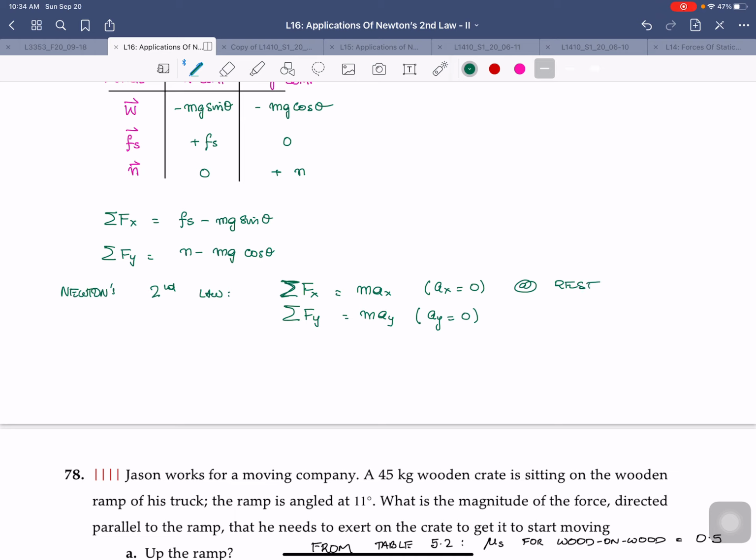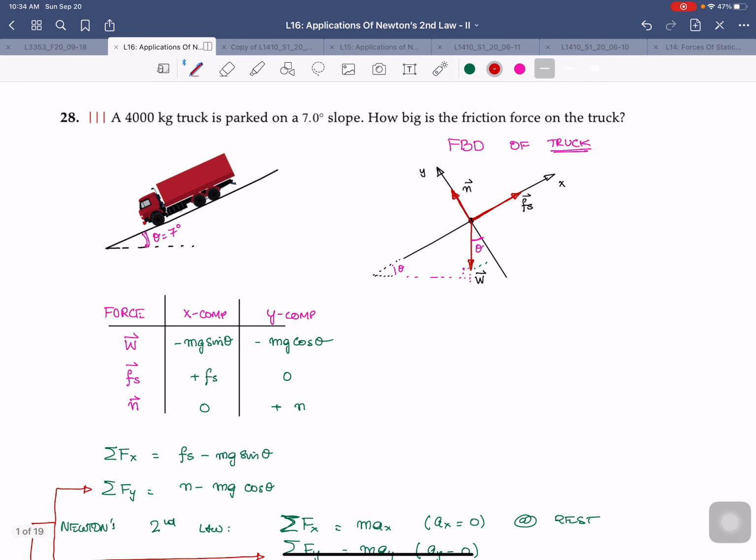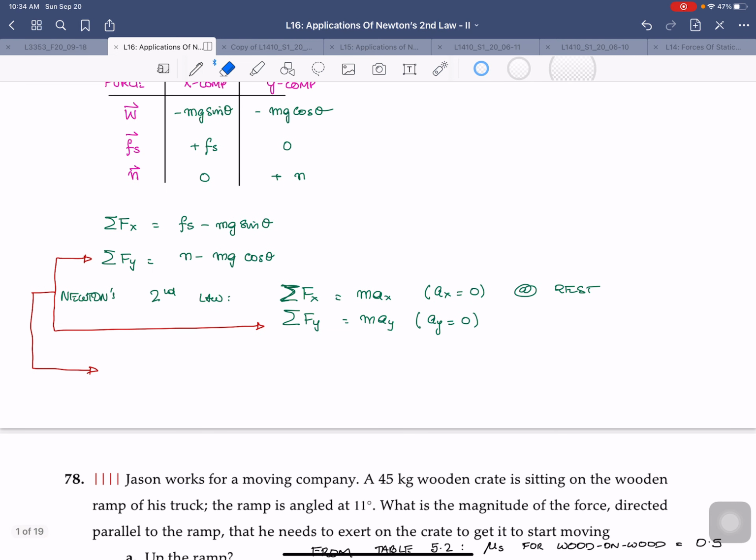Now we can combine these equations together. In fact, let's look at the x component of the net force.